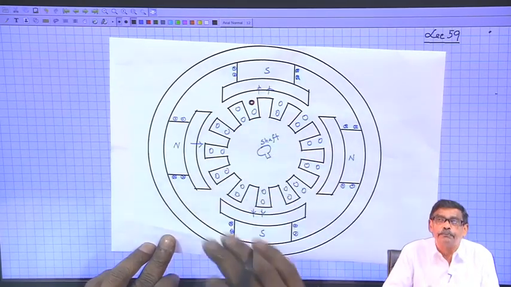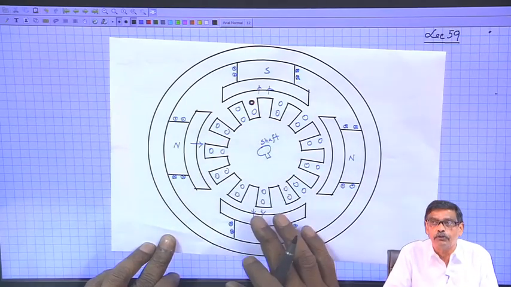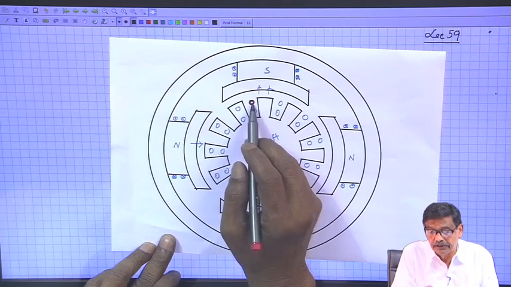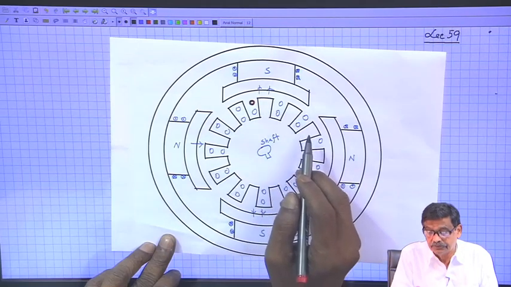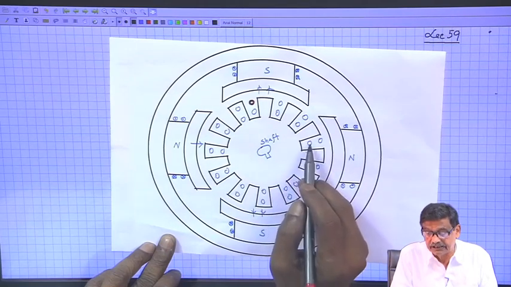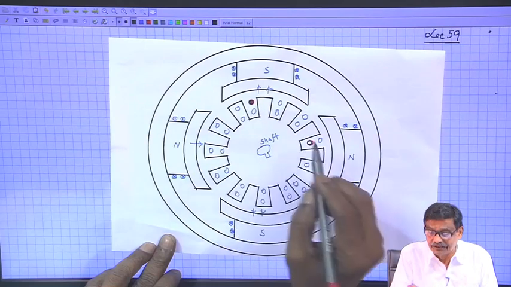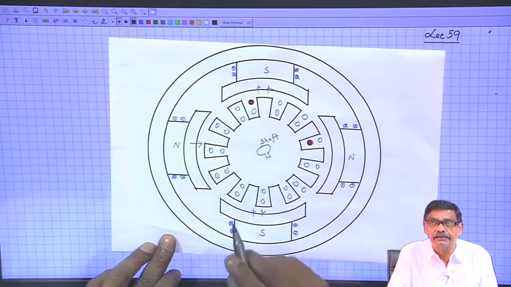Therefore, number of slots per pole will be 3. Therefore, its return should be 1, 2, 3. After that its return will be here. We will calculate this. This is one coil side, this is another coil side.